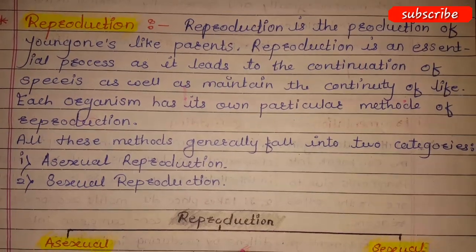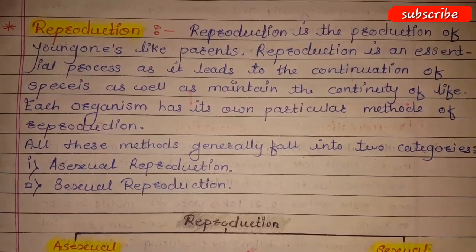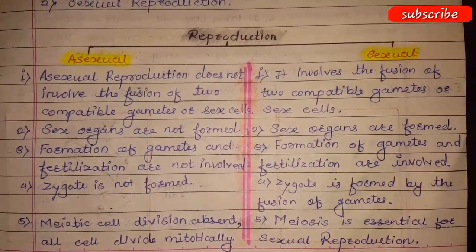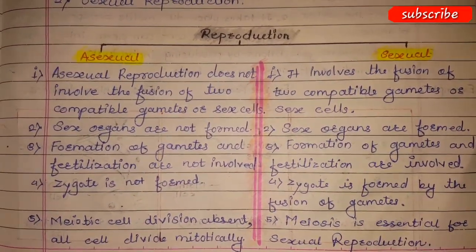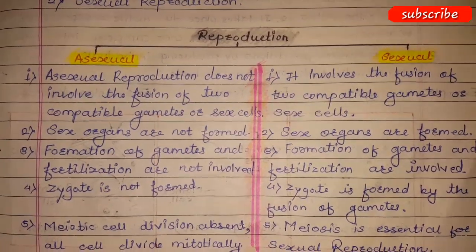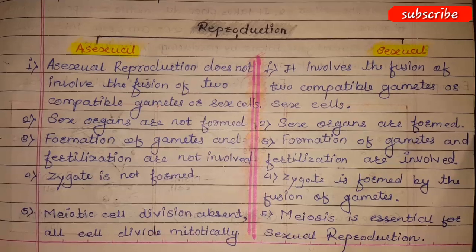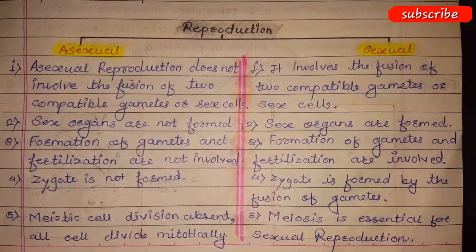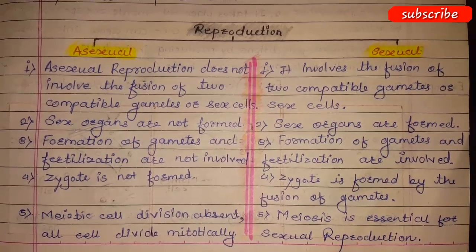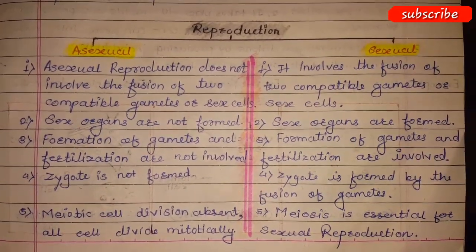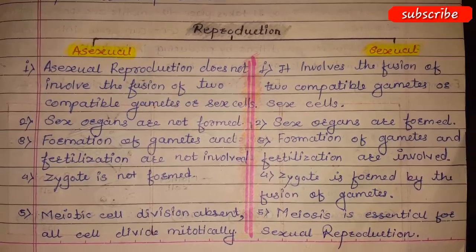Let's know the difference between sexual and asexual reproduction. First, asexual reproduction does not involve the fusion of two compatible gametes or sex cells. Second, sex organs are not formed in asexual reproduction.